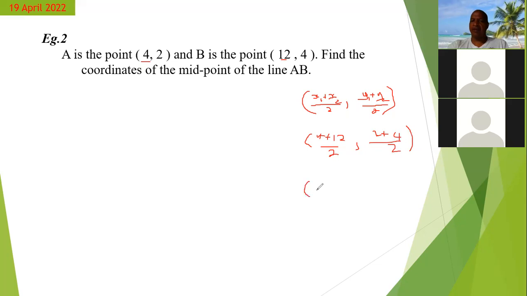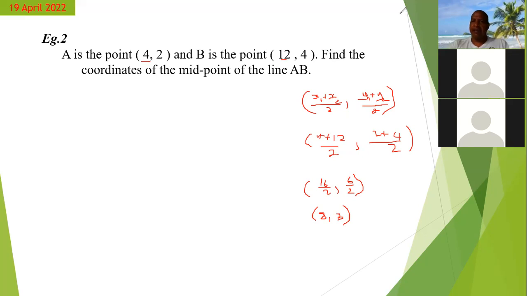So 4 plus 12 will give you 16 divided by 2. And then 2 plus 4 will give you 6 divided by 2. When you simplify that, you will get the coordinates 8 and 3. All right, so very good, guys. So that would give you the midpoint of your points A and B, of the line AB.